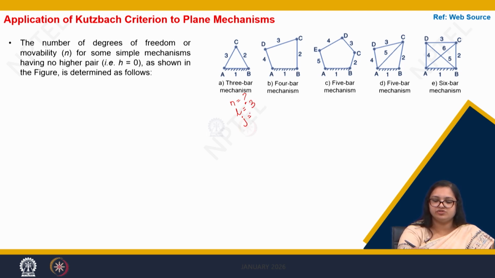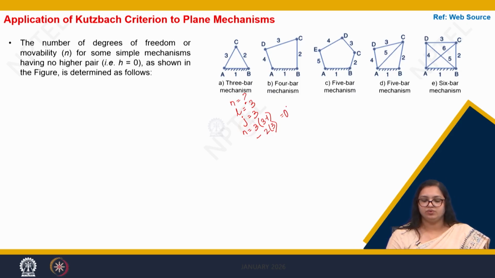What is the number of joints? Joints are also 3. So our equation of n is equal to 3 into 3 minus 1, that is 3 minus 1, minus 2 into 3, and we do not have any higher pair. So here our n becomes 0. So for a 3-bar mechanism, our degrees of freedom is 0.